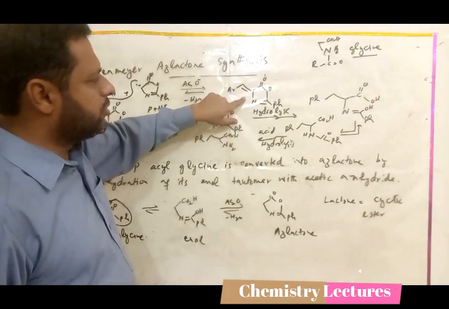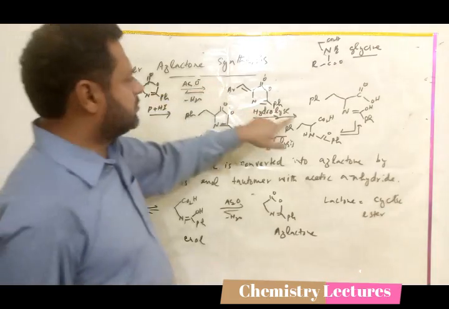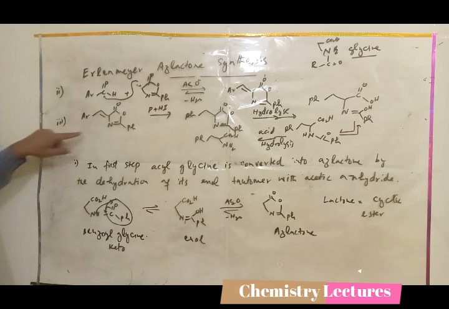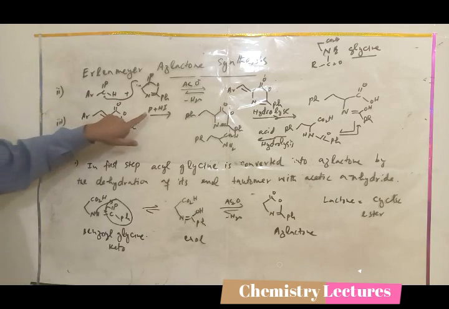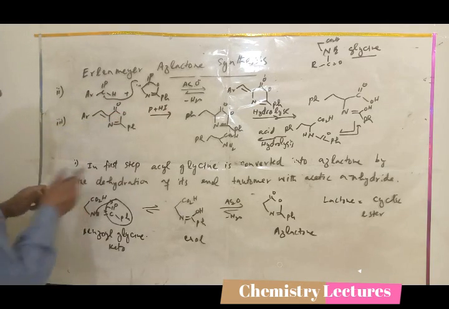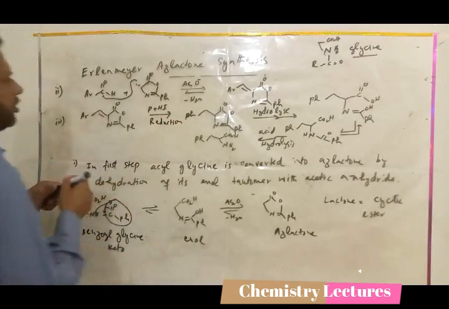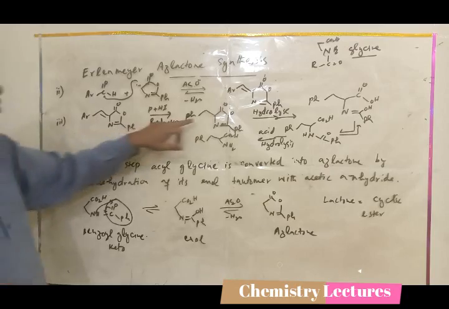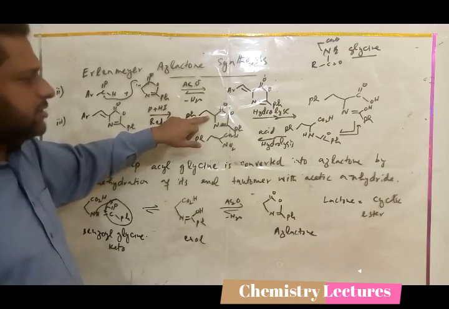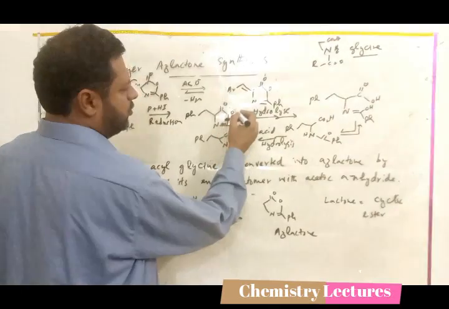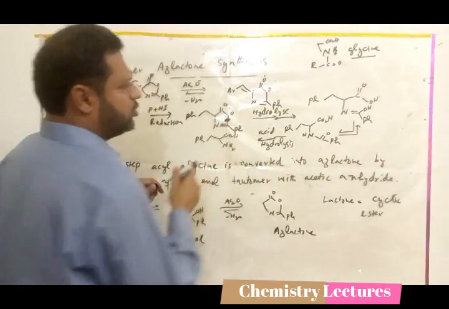Now this compound is hydrolyzed. So in the third step, the compound which was formed is treated with phosphorus and hydrogen iodide; actually it is a step of reduction. So reduction of this double bond takes place and you will get a single bond. Now when it is hydrolyzed, this bond opens and you get OH here and OH here.